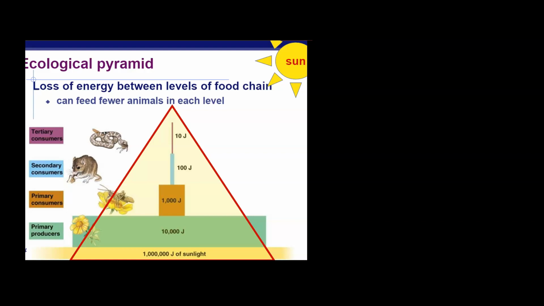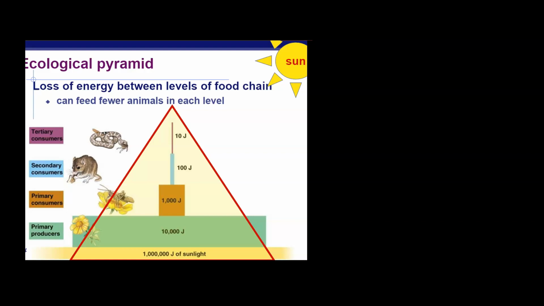And the reason that they have a similar shape is that we do see a loss of energy at each level. So you can see, first of all, starting with 1,000,000 joules, a joule is a measurement of energy, so 1,000,000 joules of sunlight there at the bottom actually ends up with the producer level only able to provide about 10,000 joules for the primary consumers or the herbivores.